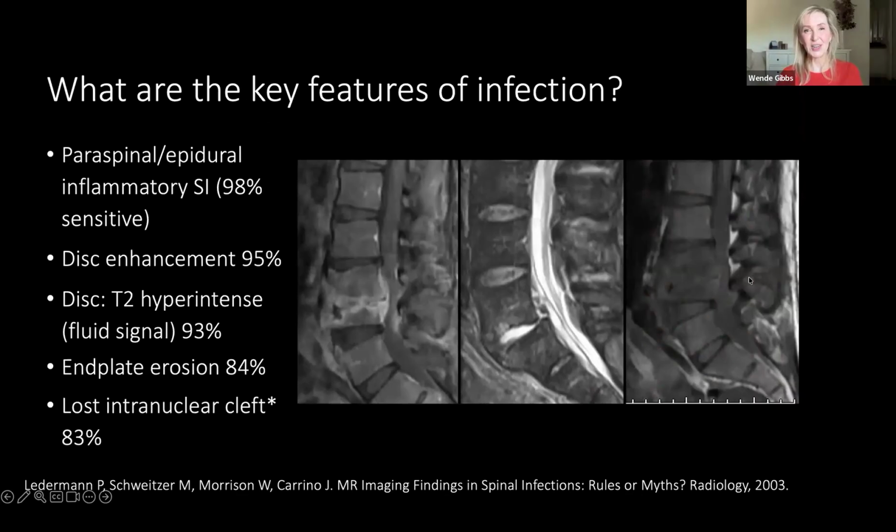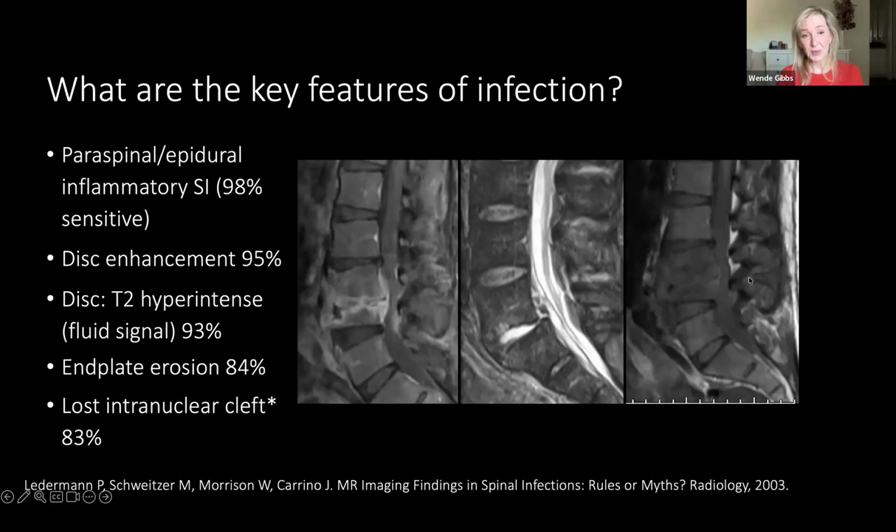So if you're trying to differentiate an active Modic type 1 end plate change from infection, look at the soft tissues around it, because that will not look inflamed when the spine is just a degenerative process or the active type 1 Modic. It'll be thicker and T2 hyperintense from the fluid signal around. So that's the best clue for you when you're trying to decide.